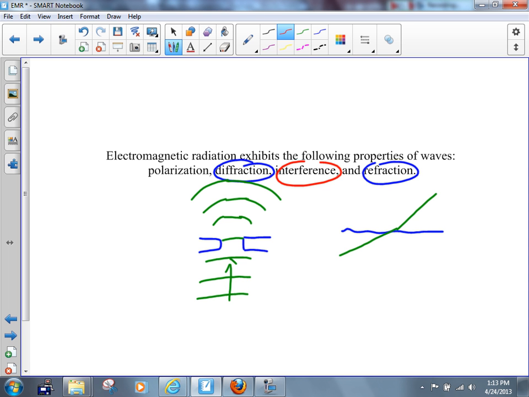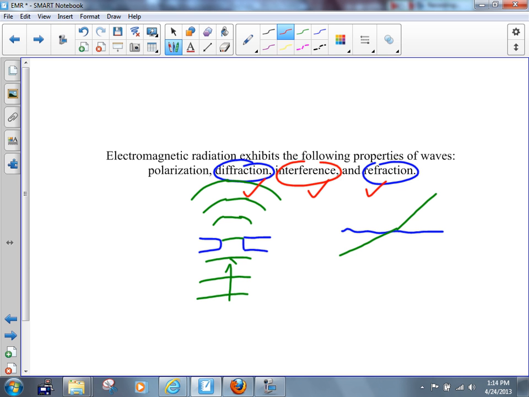That's a property of waves. But EMR undergoes interference as well, constructive and destructive interference. That supports the notion that electromagnetic radiation is a wave. So all 3 of these properties of waves happen with EMR, suggesting that EMR is a wave.